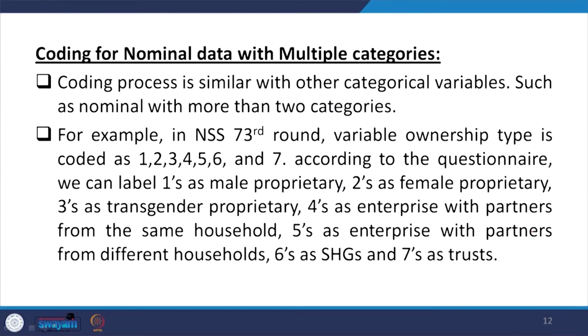Now, coding for nominal data with multiple categories. The coding process is similar for other categorical variables such as nominal with more than 2 categories. In our example, the variable ownership type has codes 1, 2, 3, 4, 5, 6, 7 according to the questionnaire.